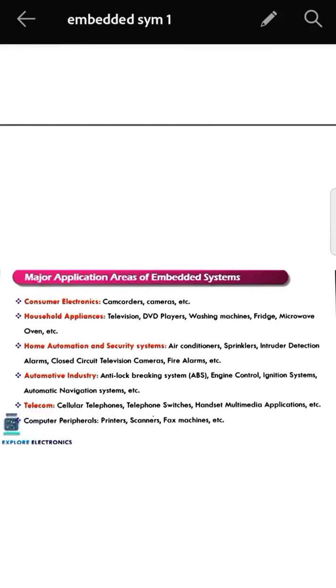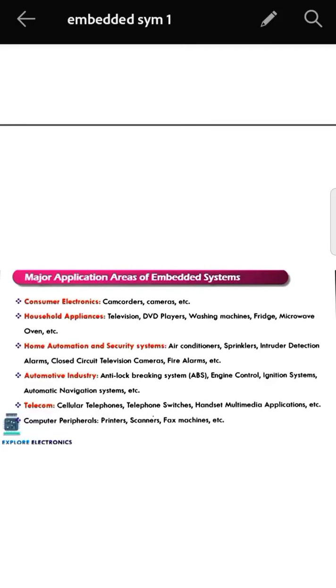And closed circuit television cameras, fire alarms, all the fire alarms, etc. These are all used for security systems, and in those systems we are using the embedded system.